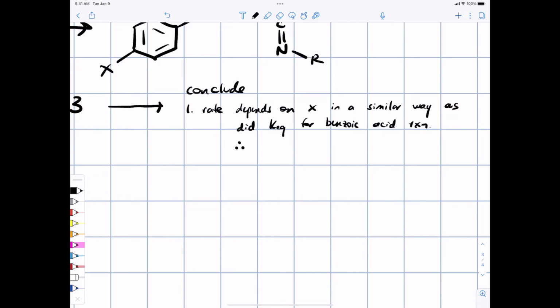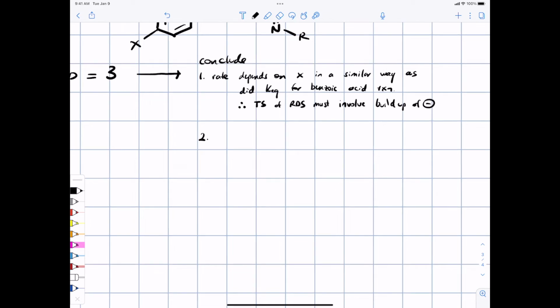And therefore, the transition state of the rate determining step for our reaction must involve buildup of negative charge. And second, because rho equals 3, X and the negative charge matter more for this test reaction than for benzoic acid. Okay.